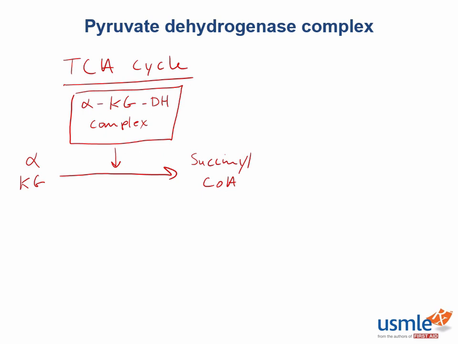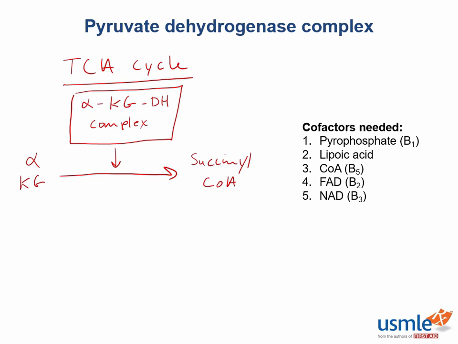And can you think of these again? There you go, they're going to be thiamine pyrophosphate, or vitamin B1, lipoic acid, coenzyme A, which again comes from vitamin B5, FAD, which is going to come from riboflavin, or vitamin B2, and NAD+, which is going to come from niacin, or vitamin B3.